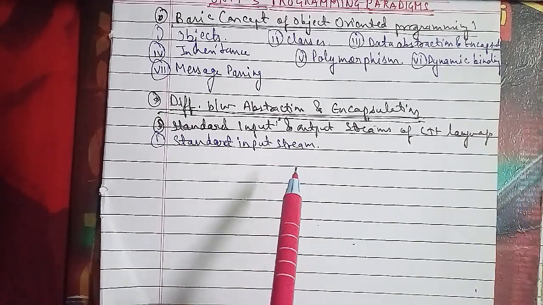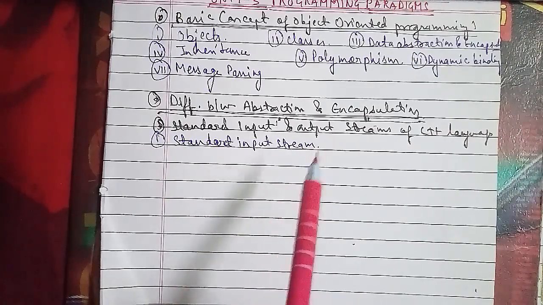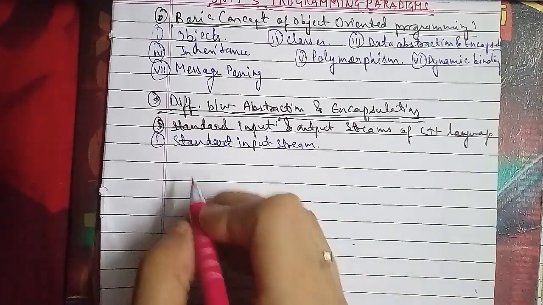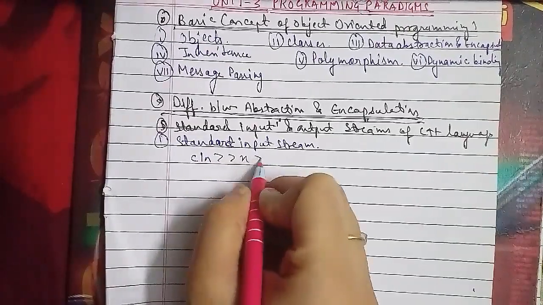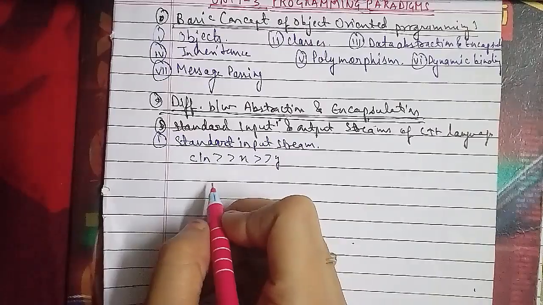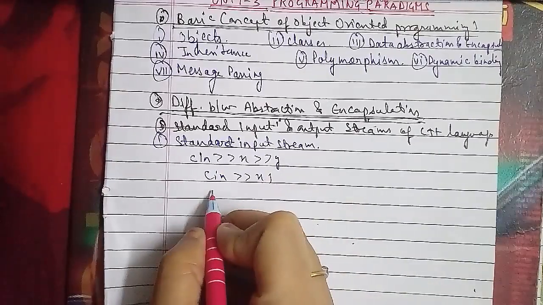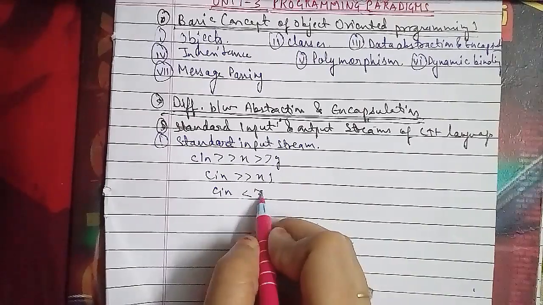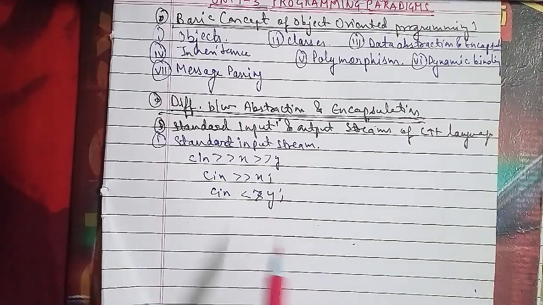Let's go ahead and discuss the second one, which is the standard output stream. For outputting values, the keyword cout is used, which is an object, and the insertion operator is used with the standard output stream cout. The syntax is cout followed by the operator, followed by the value to be inserted or output.